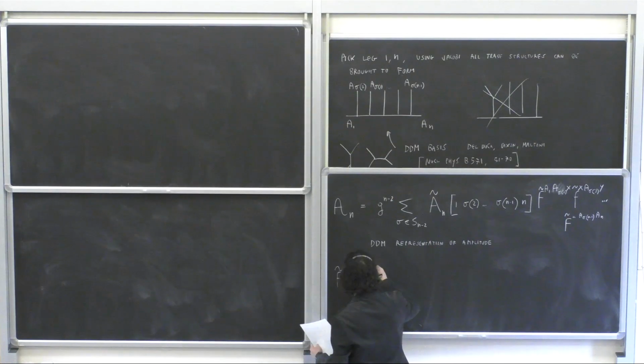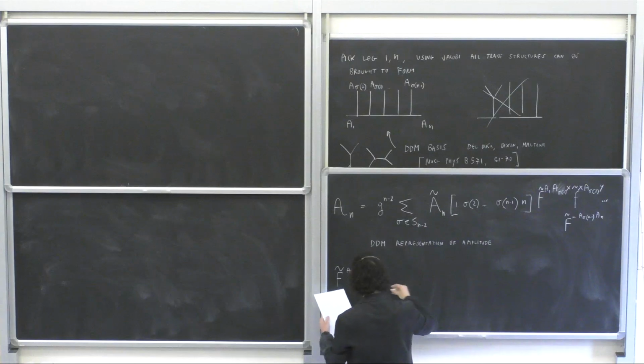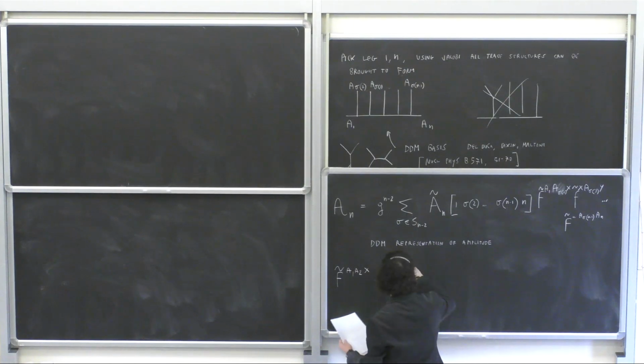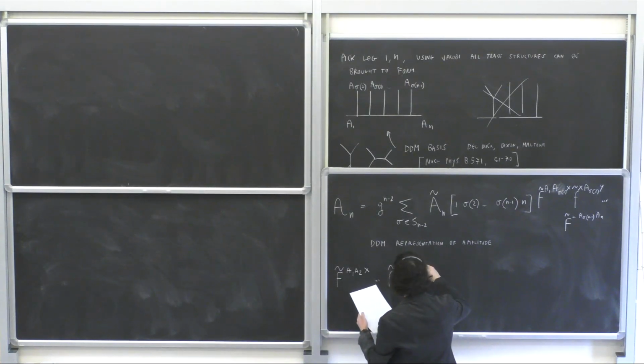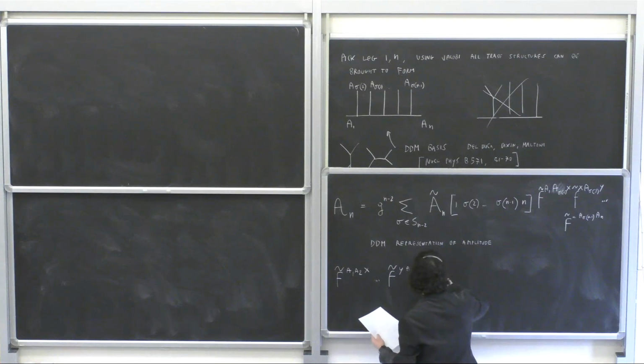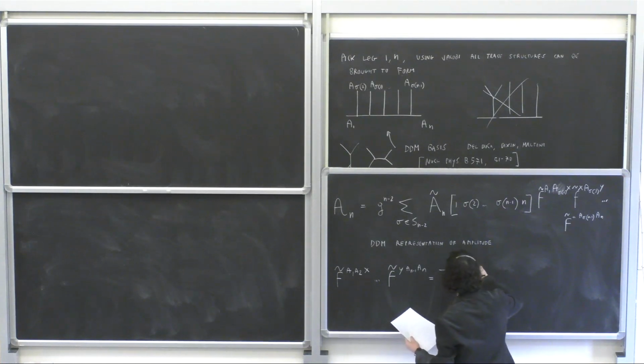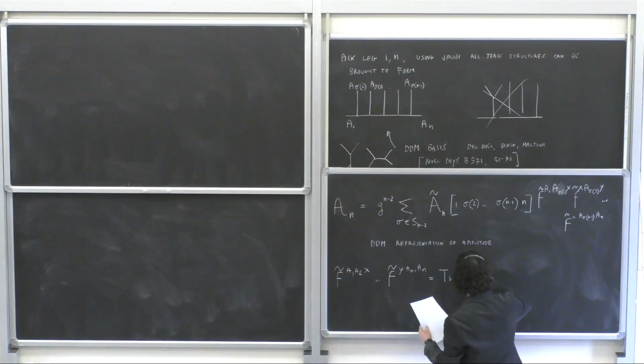So let's say that we have 1 and 2 in here, and then we have f of, say, y, let's call it a_{n-1} a_n. You express this into a trace basis, and you are getting, of course, a trace in which the ordering is the same.